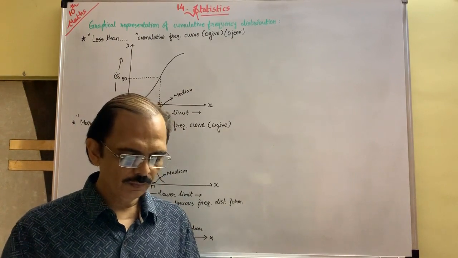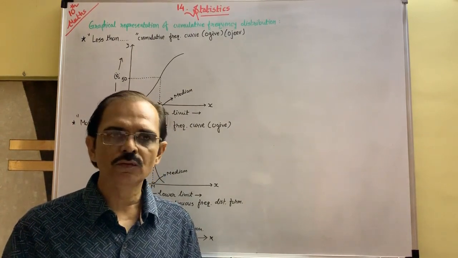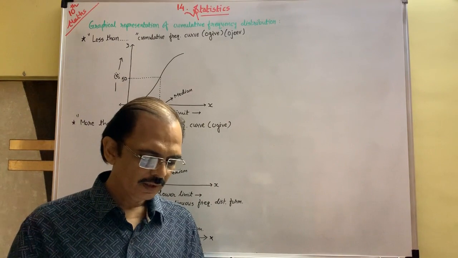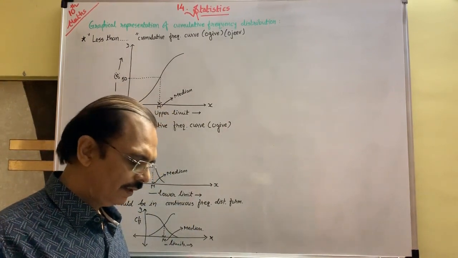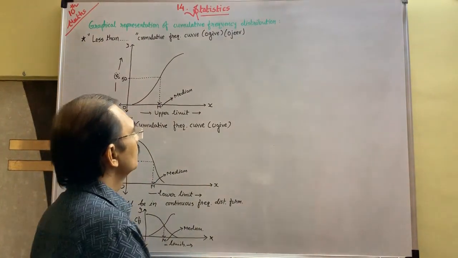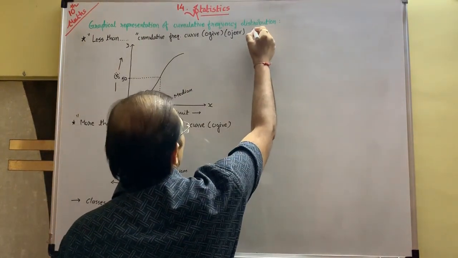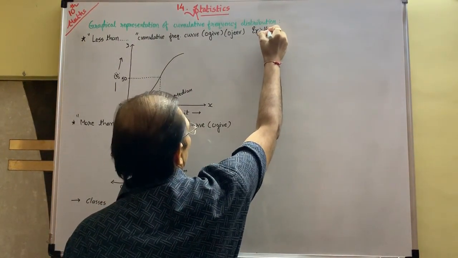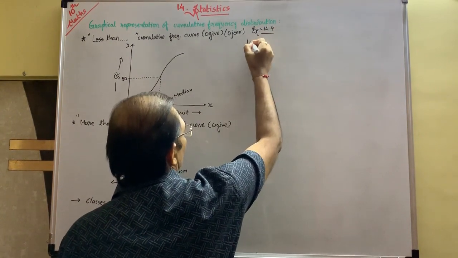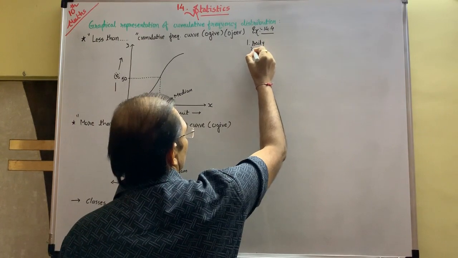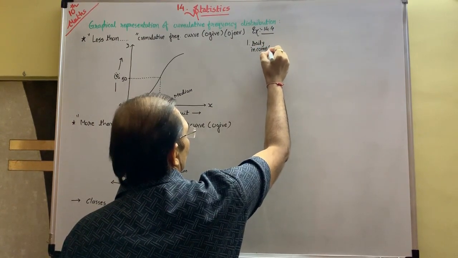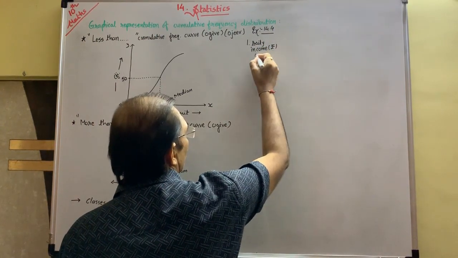Convert the distribution above to a less than type cumulative frequency distribution and then draw its ogive. The question is daily income in rupees.